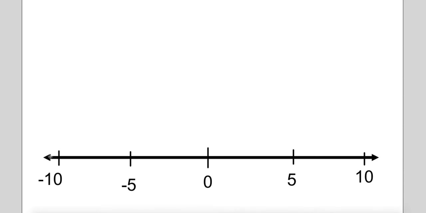So even though we can't explicitly see it here, negative 100 is included on this, negative 1,000,000 would be included on this, and any negative numbers that are larger than that would be over here, farther down this way. Just like we would have 5, 10, 15, 20, and any positive numbers that are larger than 10 would be further down this way on the number line.